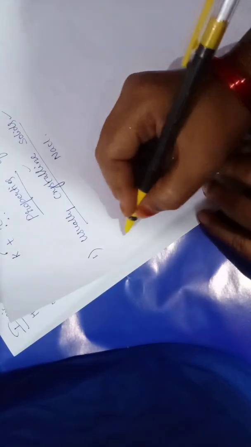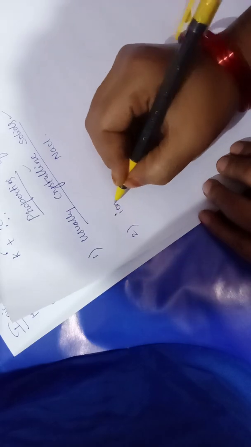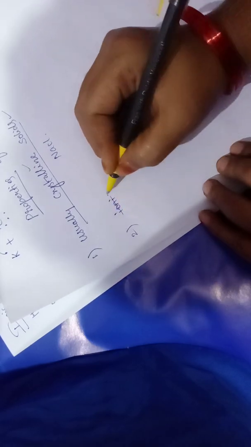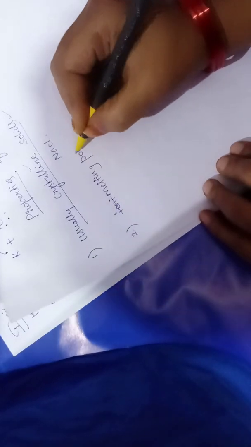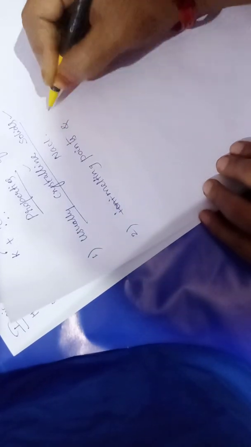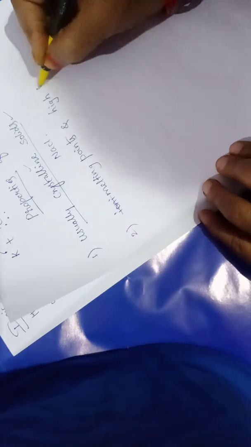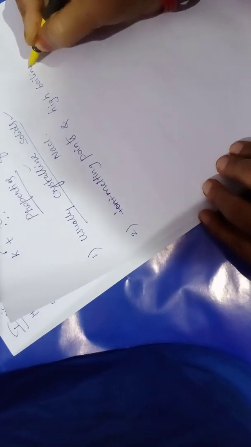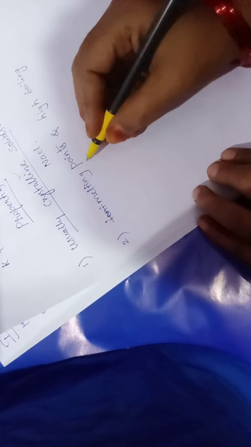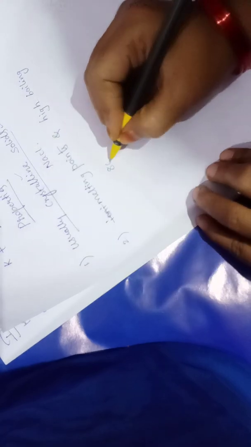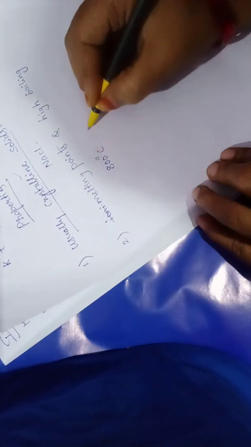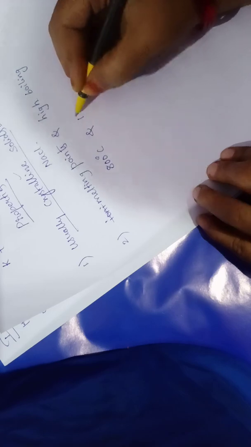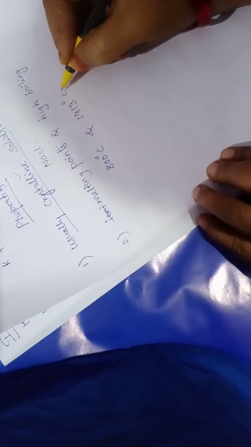And the second one is they will be having high melting and boiling points. What they will be having? High melting points and high boiling points. Means if you want to melt salt, you know what is the melting point of salt? That is 800 degrees centigrade. And the boiling point is 1413 degrees centigrade for salt.